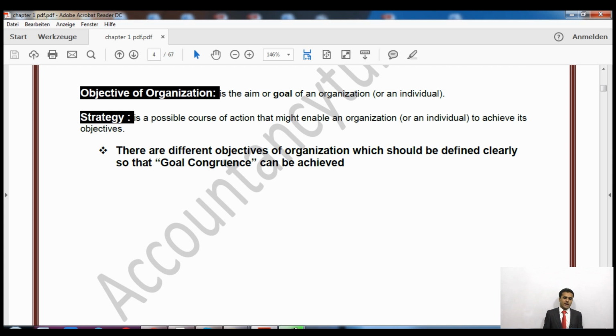Now that we know this is our objective, we can work together as a management towards achieving that goal. That is called goal congruence. Goal congruence simply means achieving the same goals of the organization together as a management. If all management is working towards the same goal, that means goal congruence is being achieved.